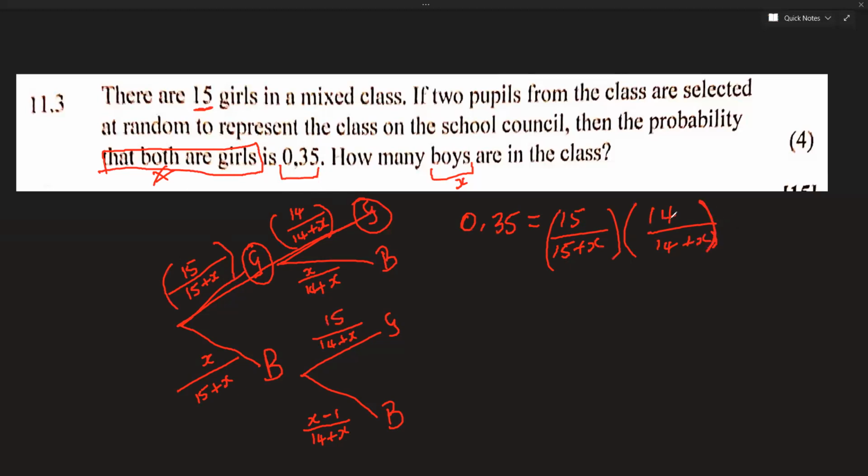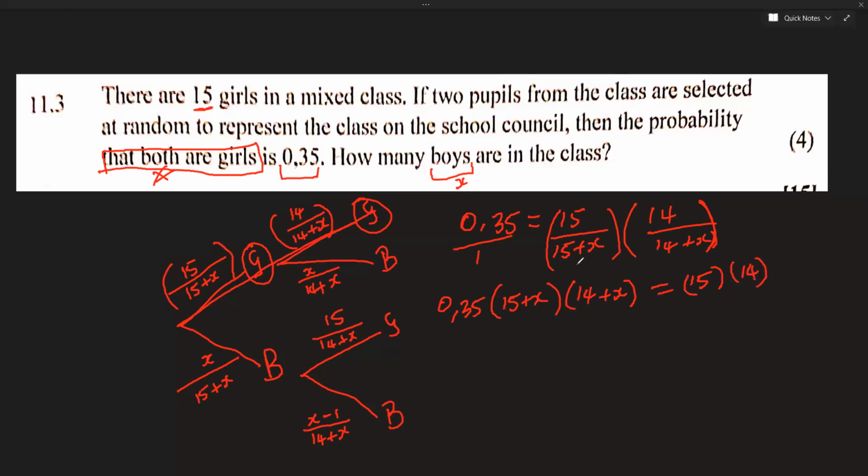And then that, sharp. And then here I can see that my LCD is 15 plus x and 14 plus x, right? So I'm going to have this. Remember, this is over 1, so I must multiply it by this part and that part. So 0.35 times (15 plus x)(14 plus x) equals, this side you're just left with 15 by 14.